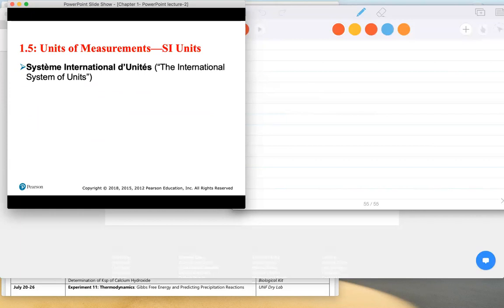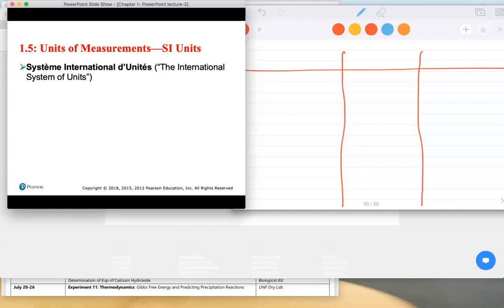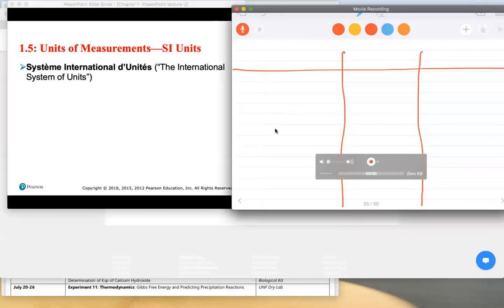But for that, measurement. In chemistry, there are three types of units of measurement used. I'm going to draw a parallel so that you know what the three units of measurement are.